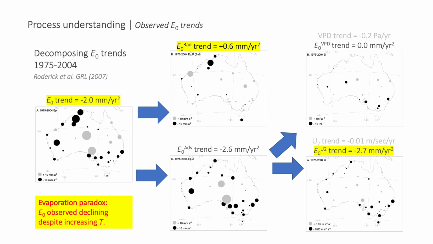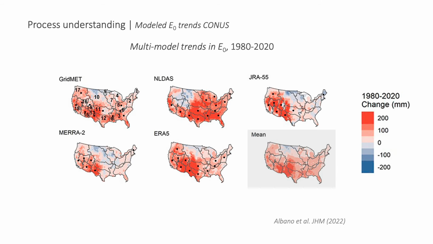Point here being that it is wind speed that is driving the declining trends in evaporative demand. And the evaporation paradox is no more than the fact that evaporative demand is driven by a bunch of different drivers: temperature, humidity, wind speed, or radiation, not just temperature. So much for trends in observed evaporative demand.